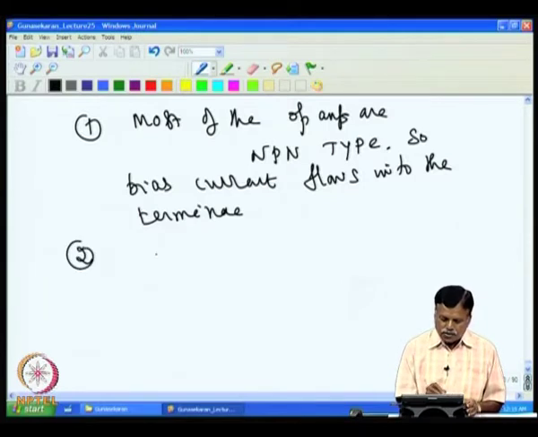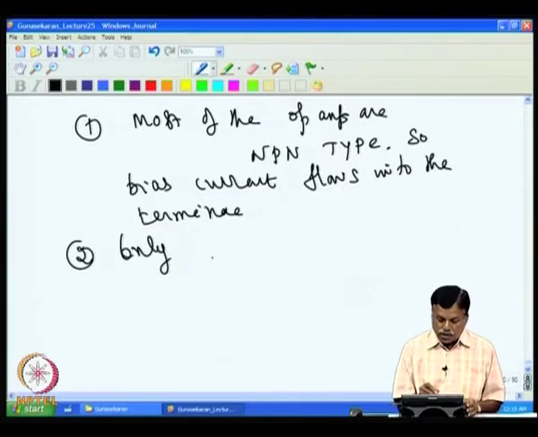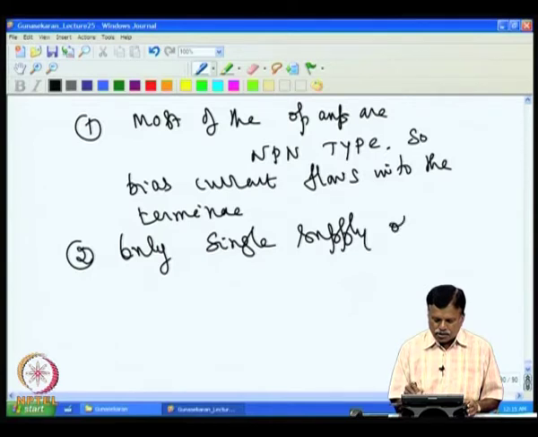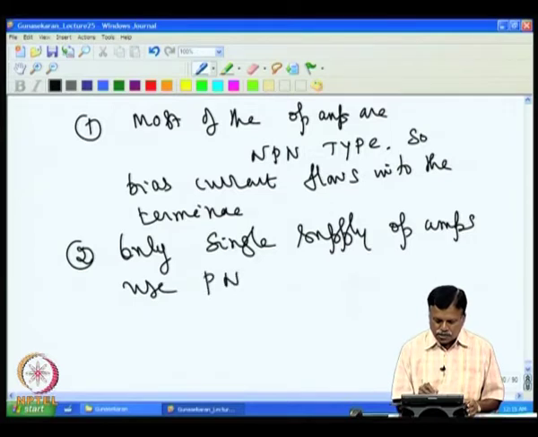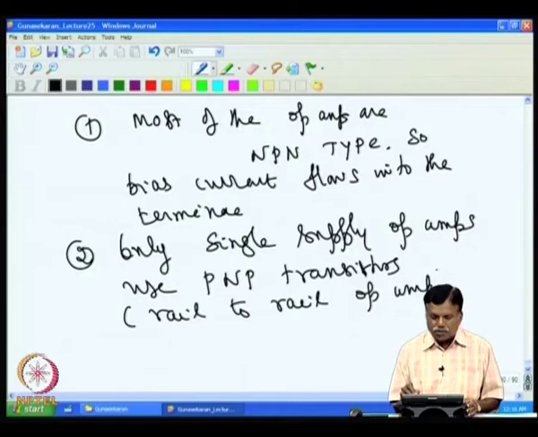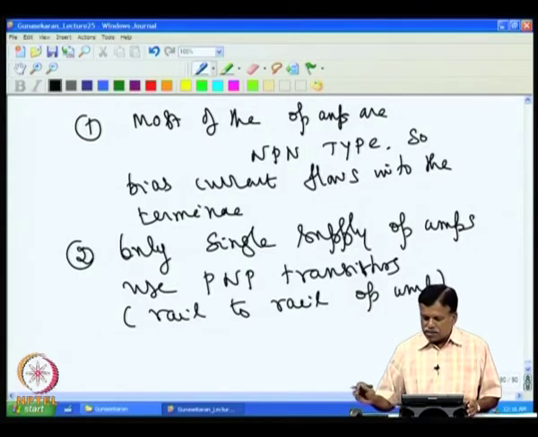Second, generally only rail to rail op amps or single supply op amps use PNP transistors. That is, input and output can go up to the supply voltage, and most of them will be single supply op amps. In that case, current will be flowing out.